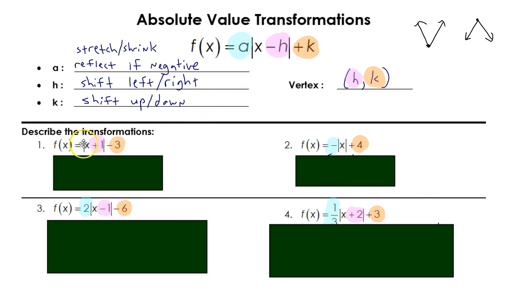First, we have f of x equals the absolute value of x plus 1, minus 3.